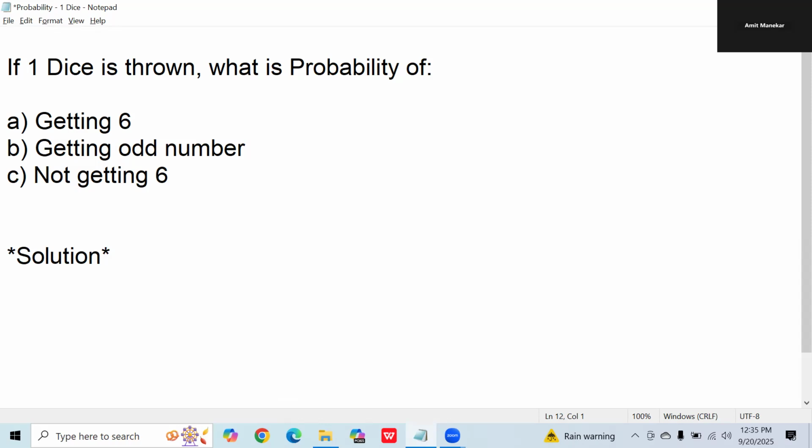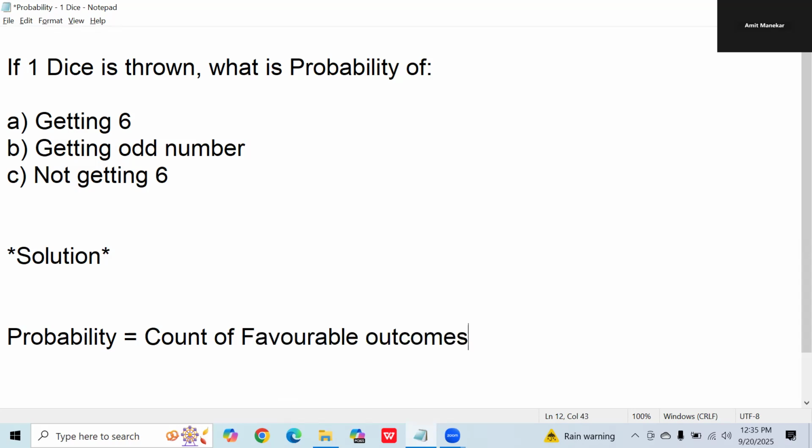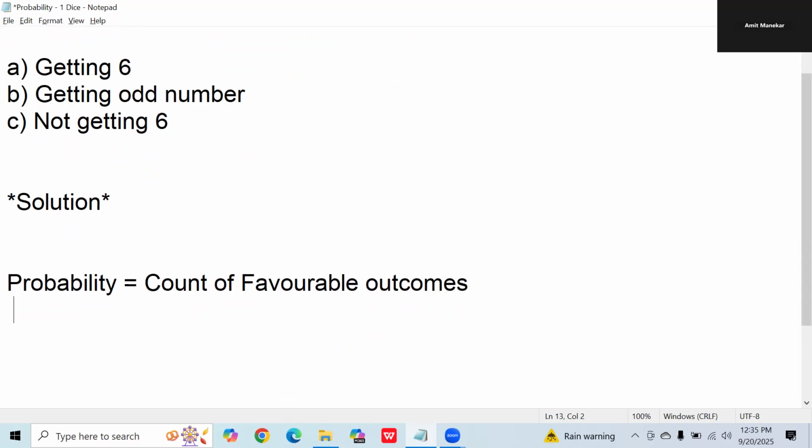So let's write down the formula for probability first. Probability is nothing but the count of favorable outcomes. When we say favorable, it is the event which we are looking for, in this case, getting 6.